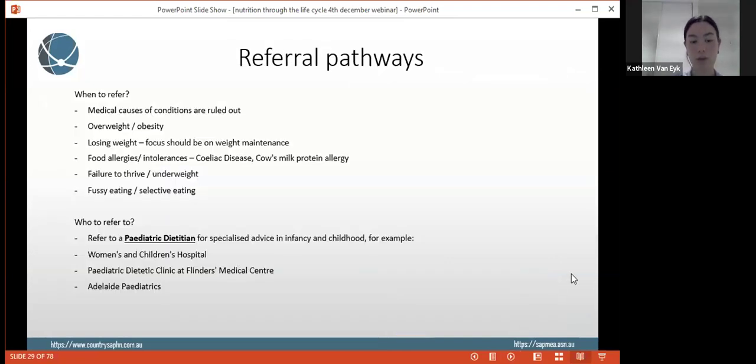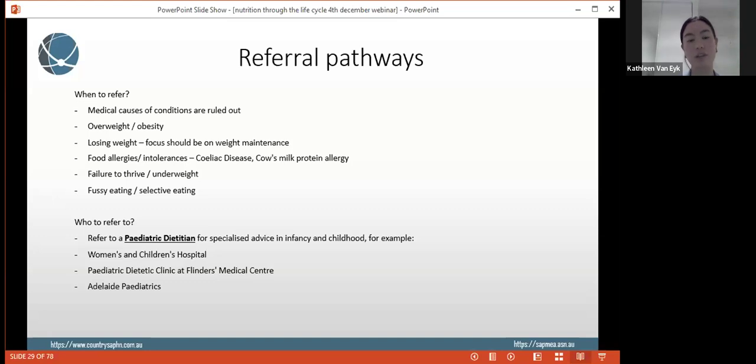So with referring for the care of children and for pediatrics, because we don't specialise in children, we recommend seeing a specialist pediatric dietitian, especially for those younger children, below the age of about 10. So there are a few options in Adelaide. So, for example, Women and Children's Hospital.